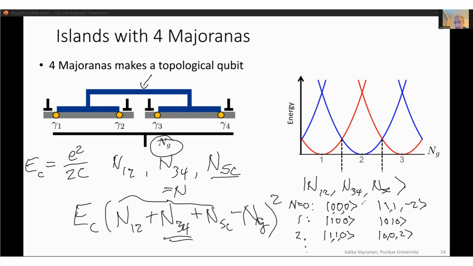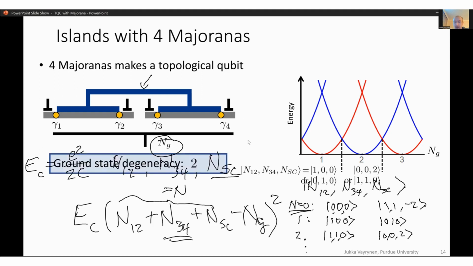And it's very easy to convince yourself that for any fixed number of total charge, you have 2 states instead of 1 that we had previously. And this basically means that in this set of parabolas, now every parabola becomes doubly degenerate. So I will just erase some of this text.